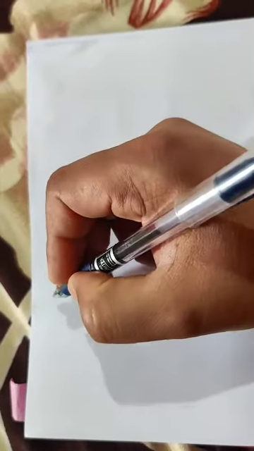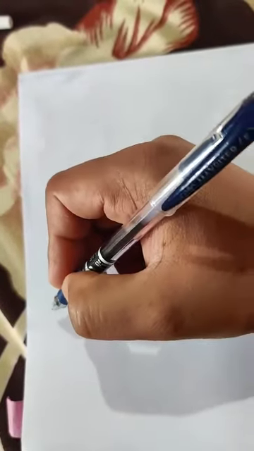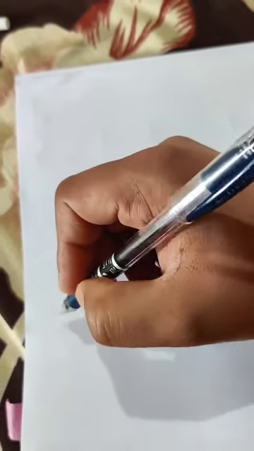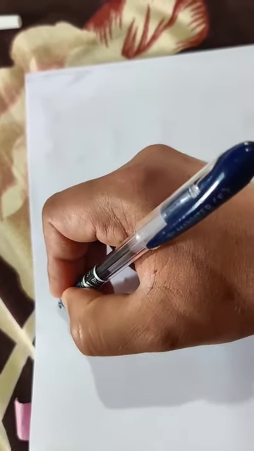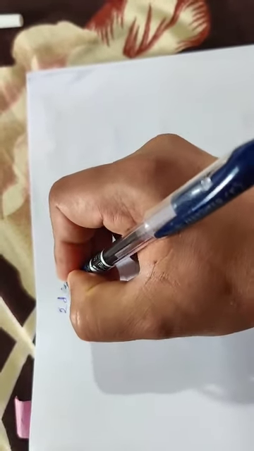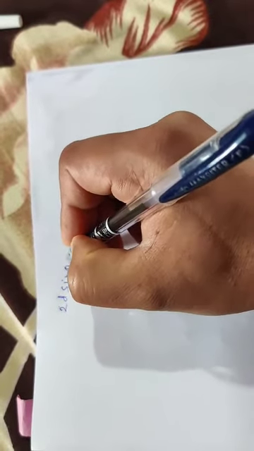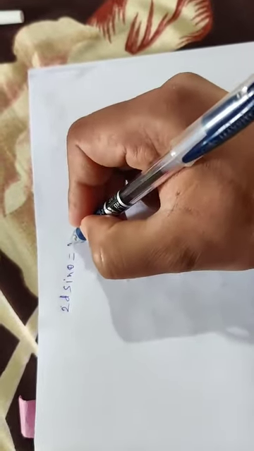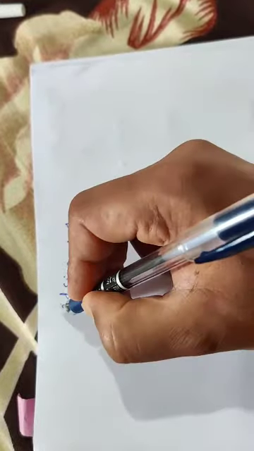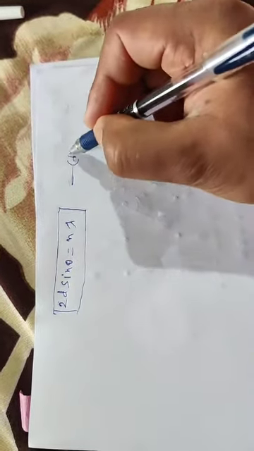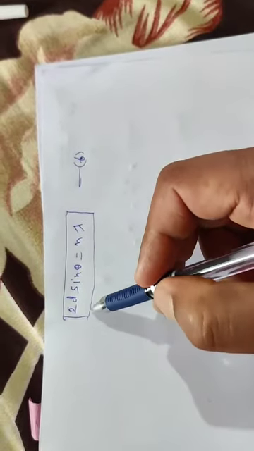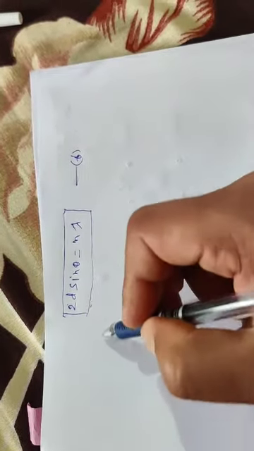Now putting the value of delta into the maxima condition, delta equal to n lambda, we get 2d sine theta equals n lambda. This equation represents Bragg's law.